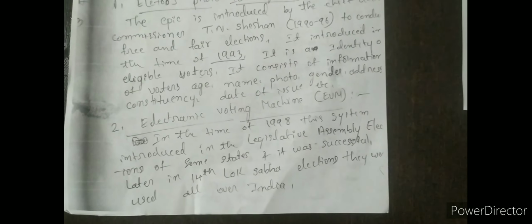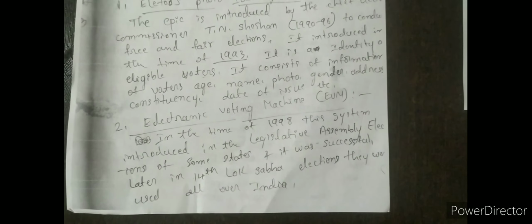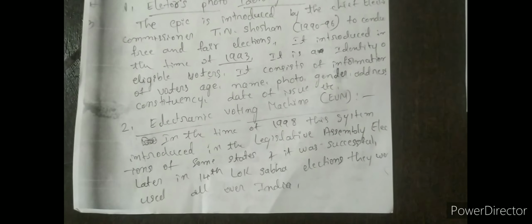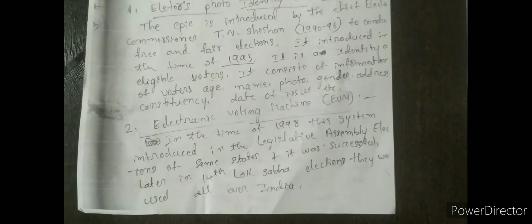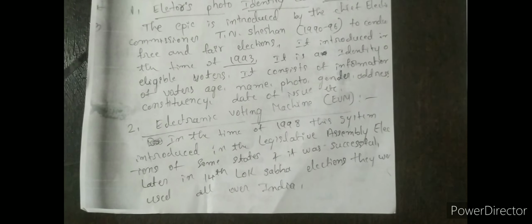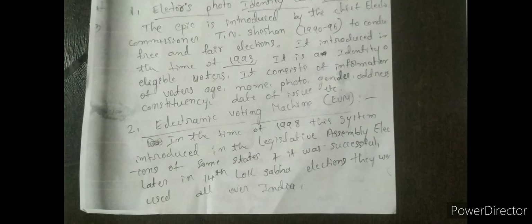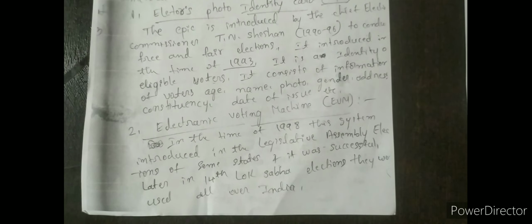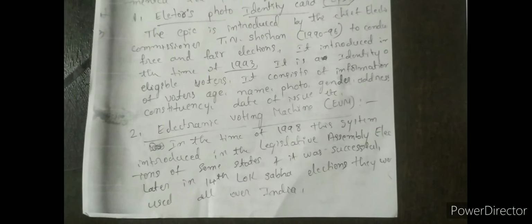It was introduced in 1993. It is an identity for eligible voters. It consists of information on the voter's age, name, photo, gender, address, constituency, and date of issue, etc.